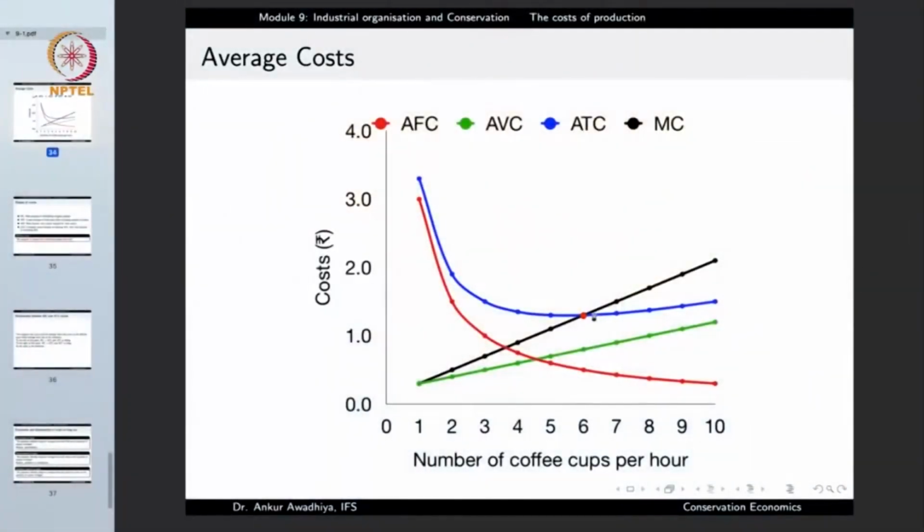So when the marginal cost is more, it means that to make an extra cup of coffee, it will now cost more than the average total cost. Which means that to the right of this efficient scale, the average cost will increase. So it is decreasing here, it is increasing here. So this point where both of these curves meet should be the minimum of the ATC line.